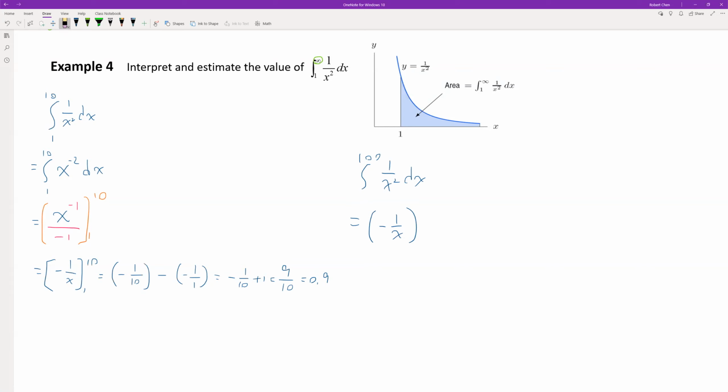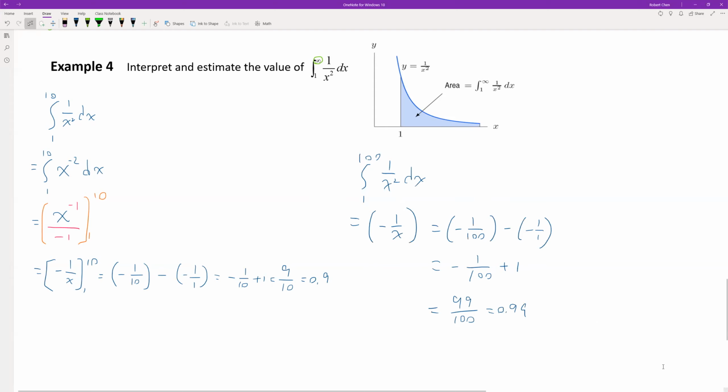Sorry, it's not 0, it's 1. So let's see what we have. We have negative 1 over 100 minus negative 1 over 1, which comes out to negative 1 over 100 plus 1. And that gives us 99 over 100, which is 0.99.